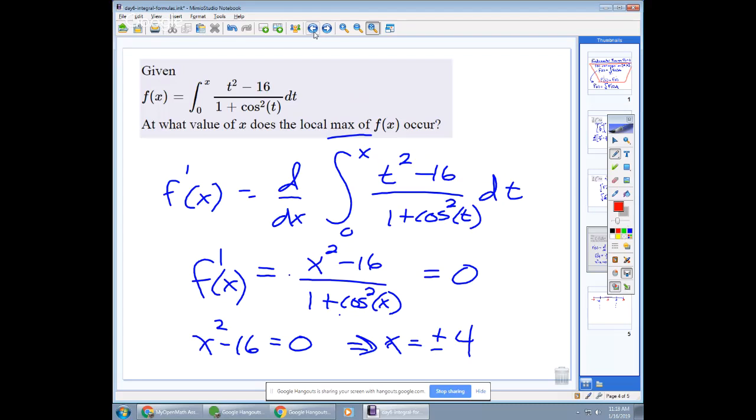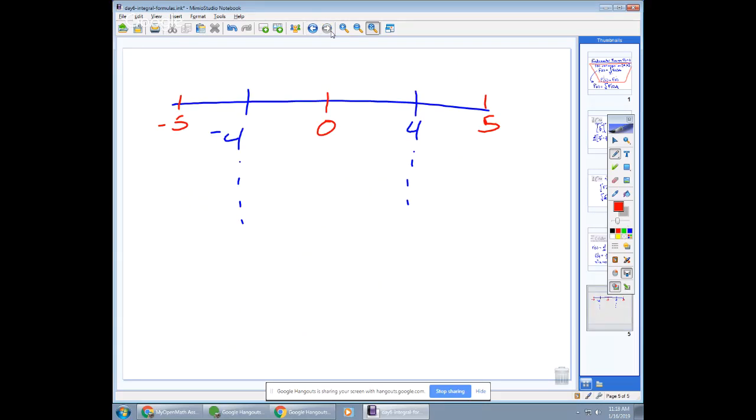Now, oh, the denominator is kind of interesting. Yeah, so the denominator here is 1 plus cosine squared of x. And normally the cosine of x sits between -1 and 1, right? If I square the cosine, what happens? It just changes.